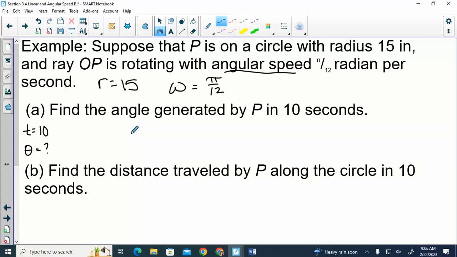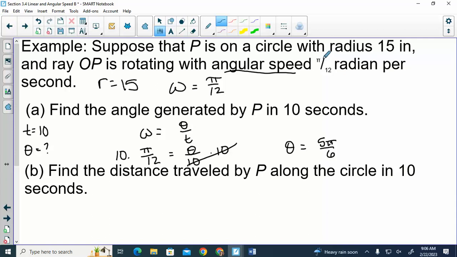So, what formula would we use? You would use omega equals theta over t, so pi over 12 equals theta over 10. So multiply over the 10. So we have 10 pi over 12 or 5 pi over 6.